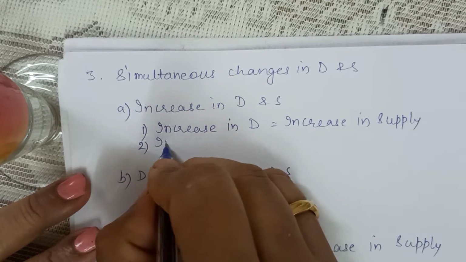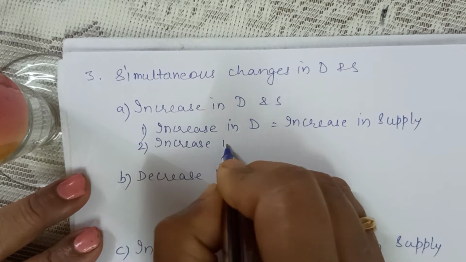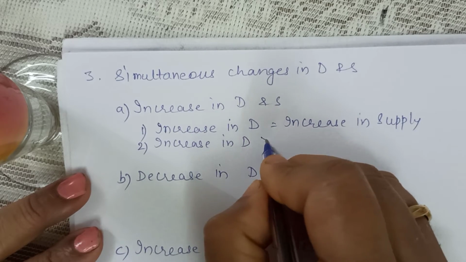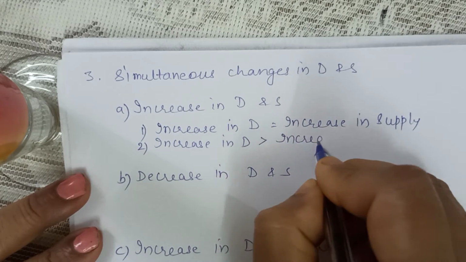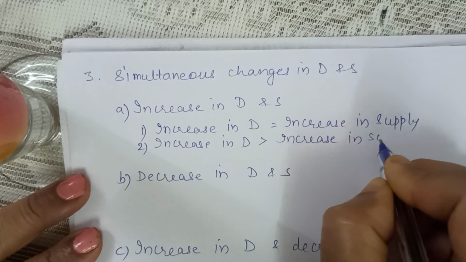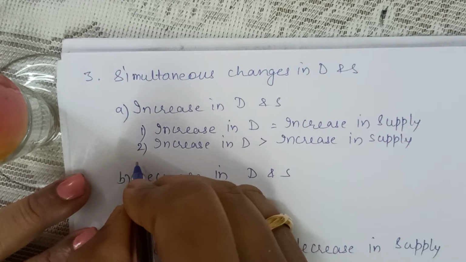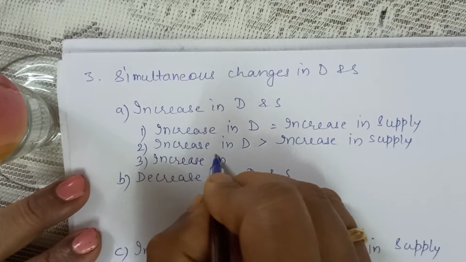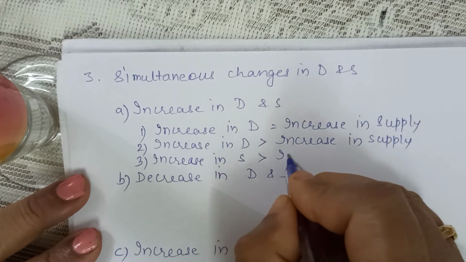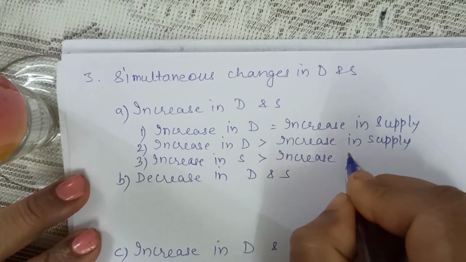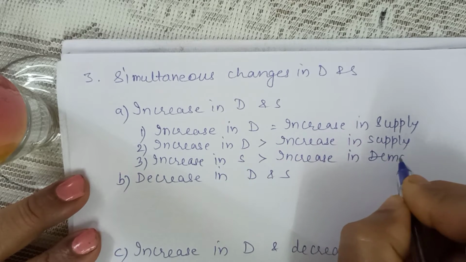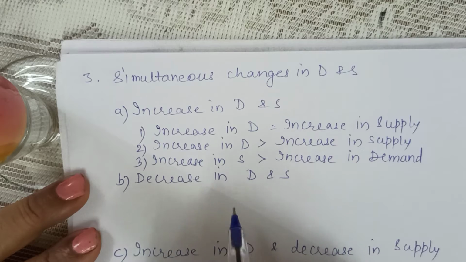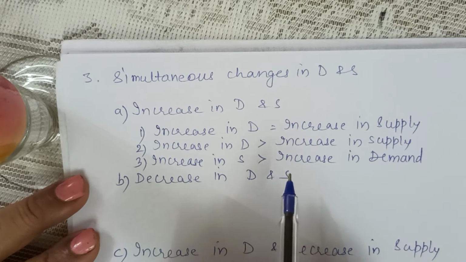Second, increase in demand will be more than increase in supply. Third, increase in supply will be more than increase in demand. So accordingly we are going to draw the figure.